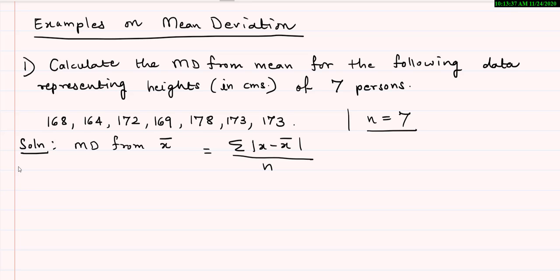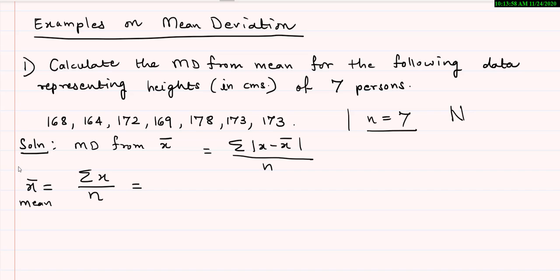Now the first step is to find out x bar. X bar, that is arithmetic mean, you all know it, it is mean. The formula for ungrouped data is summation of x upon n. Sometimes we use small n, sometimes capital N, it is just a matter of notation.